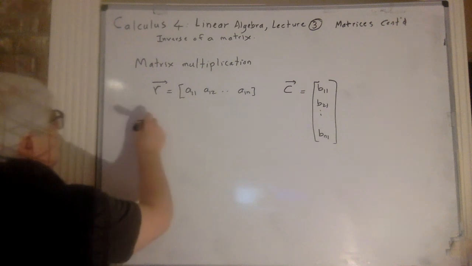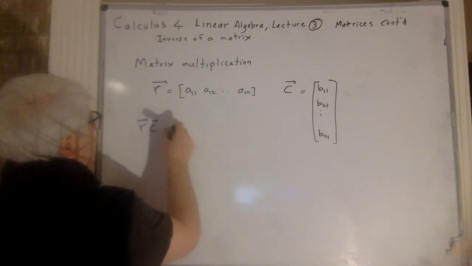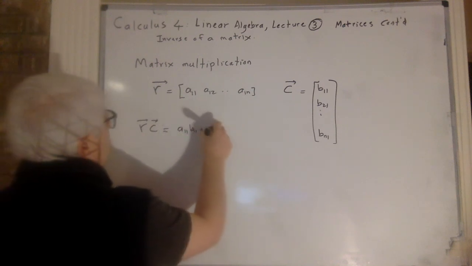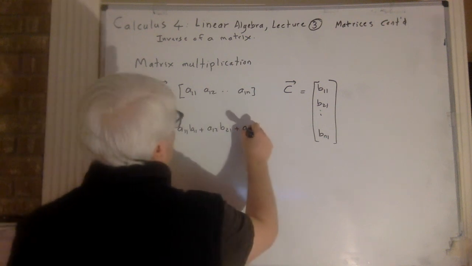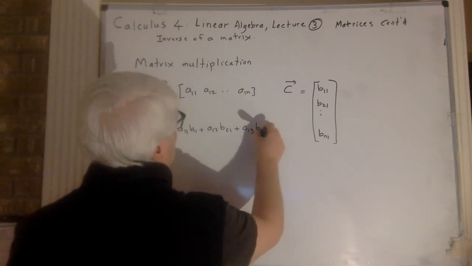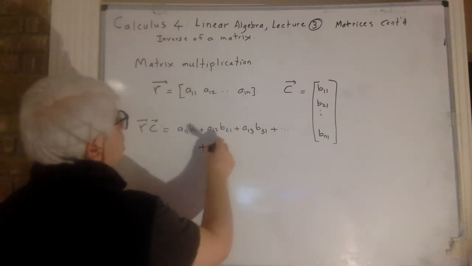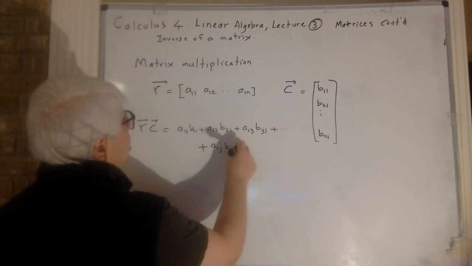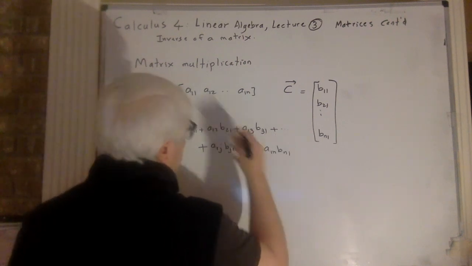So R, C as two matrices is A11, B11 plus A12, B21 plus A13, B31, and the jth term, for example, is A1j, Bj1, and the last one is A1n, Bn1.